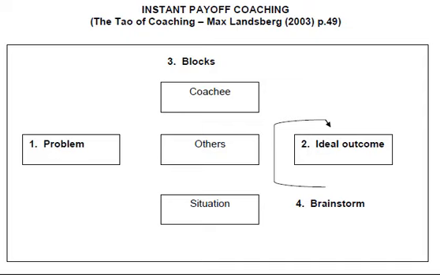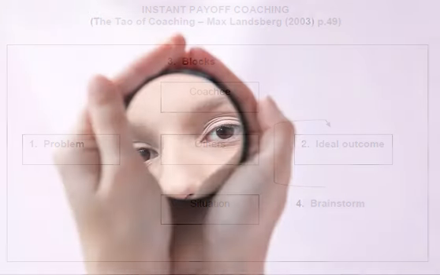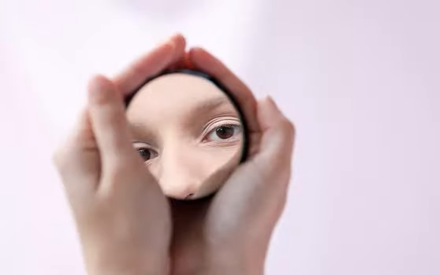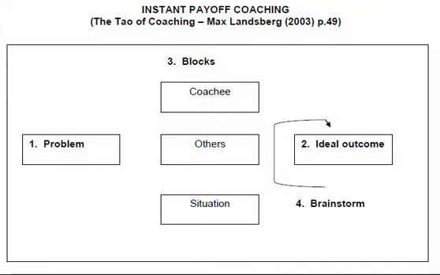The coach helps the coachee to reflect on themselves as part of the problem and part of the ideal outcome. Sometimes the coachee realises that they're actually contributing to not achieving the ideal outcome by some of their behaviours, for example. The coach records the points on the sheet.